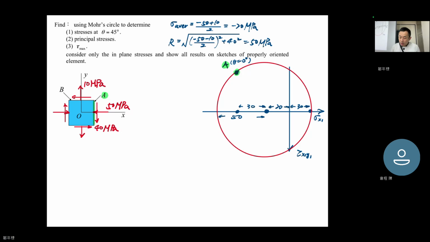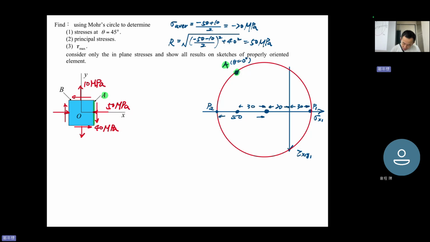Then we want to get the angle AOP2. Where's the P2? You know that, all right? The P2 is the most left point. This is P2, principal stress 2. And this is P1, of course, the right-hand side.